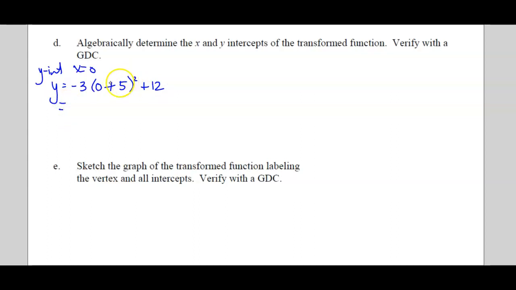So that's going to be 25 times negative 3 is negative 75 plus 12. Okay, so that's your y-intercept.